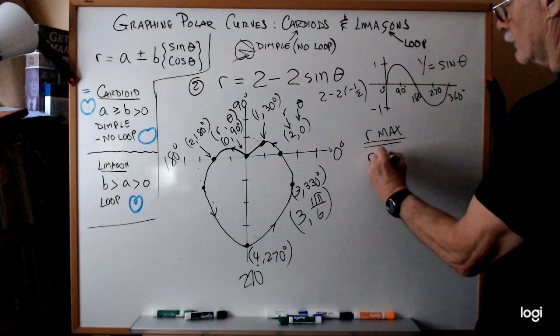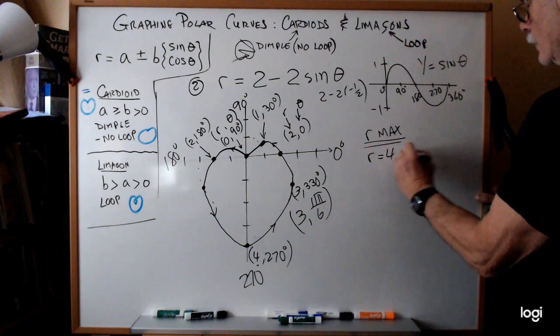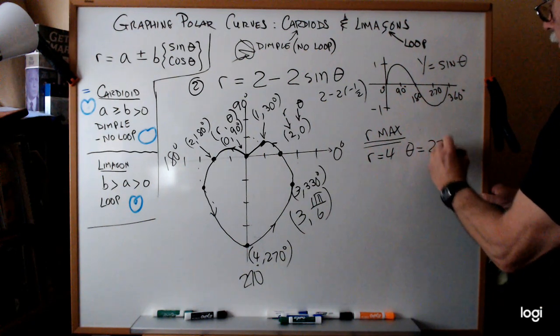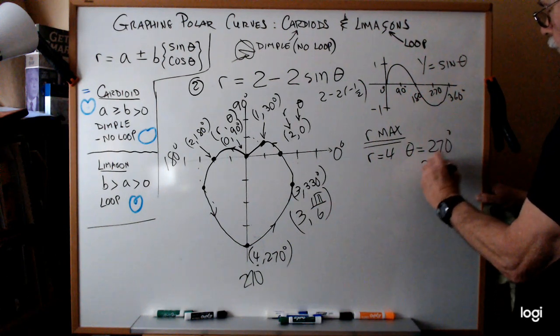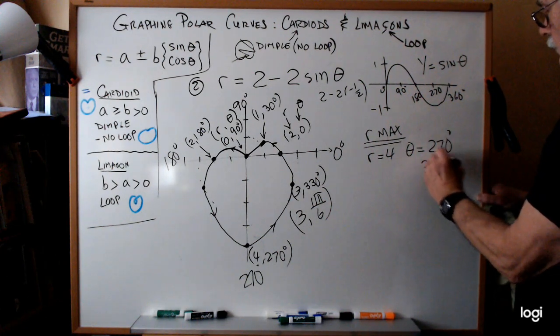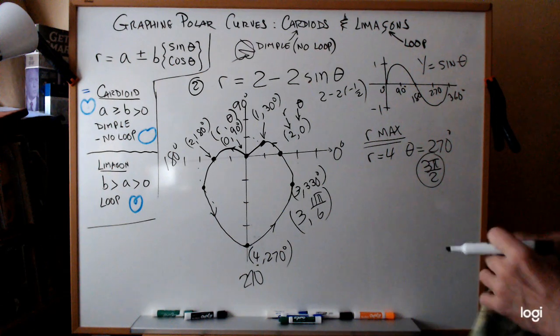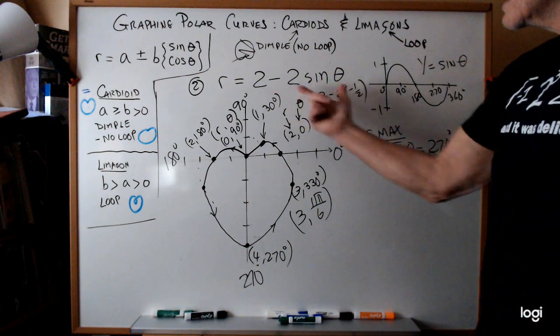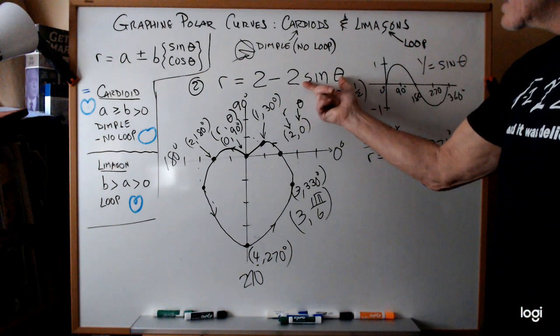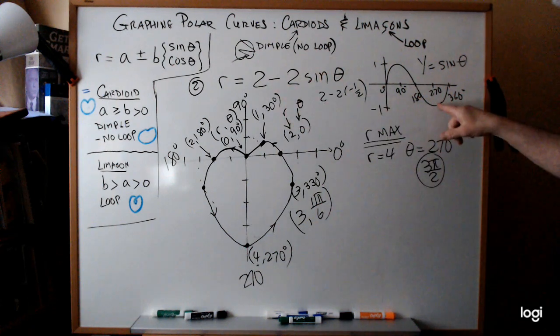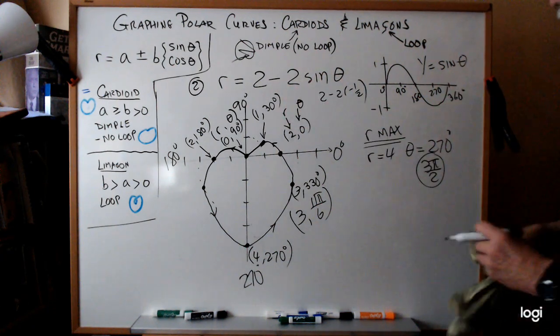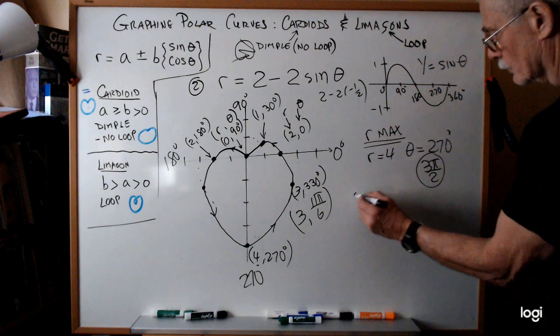So R is a 4, and theta is 270, or of course 3 pi over 2. And you can see that because when sine theta is a -1, this is a 4, and sine theta is a -1 at 270. So that's when R is the greatest.